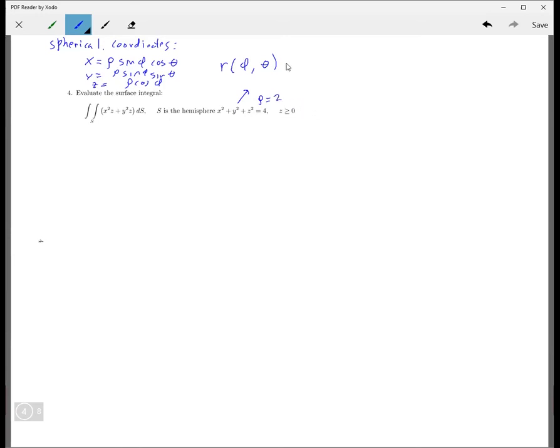So just replace all of these with 2's. So 2 sine phi cosine theta, 2 sine phi sine theta, and then 2 cosine phi. Okay, that's all that. And when you do this, you also need limits on phi and theta.